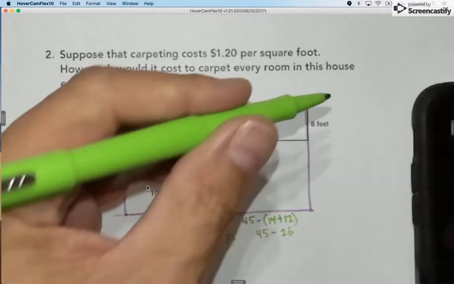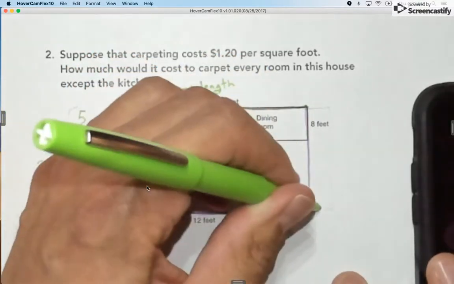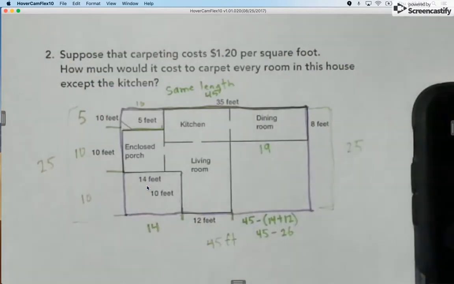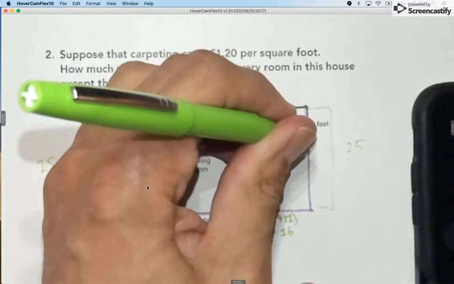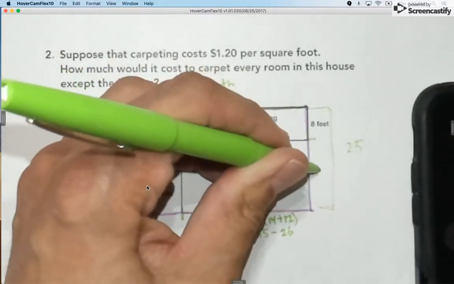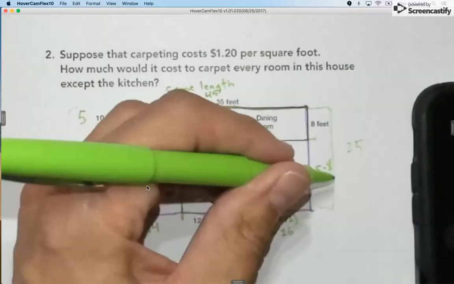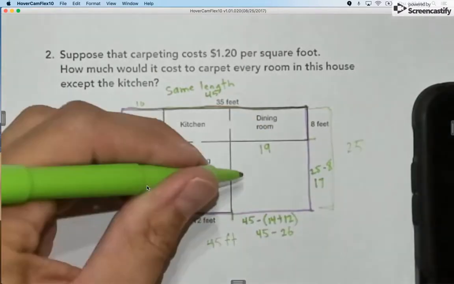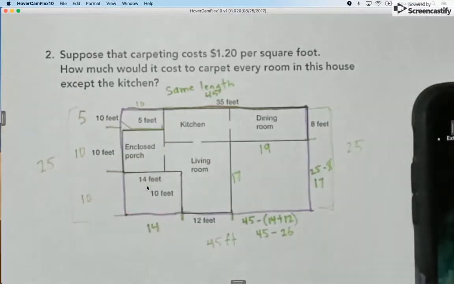That means that this whole side is going to be 25 feet. If we know that this is 8 feet, then that means that this part needs to be 25 minus 8, or 17 feet. So this part of the living room is 17 feet.